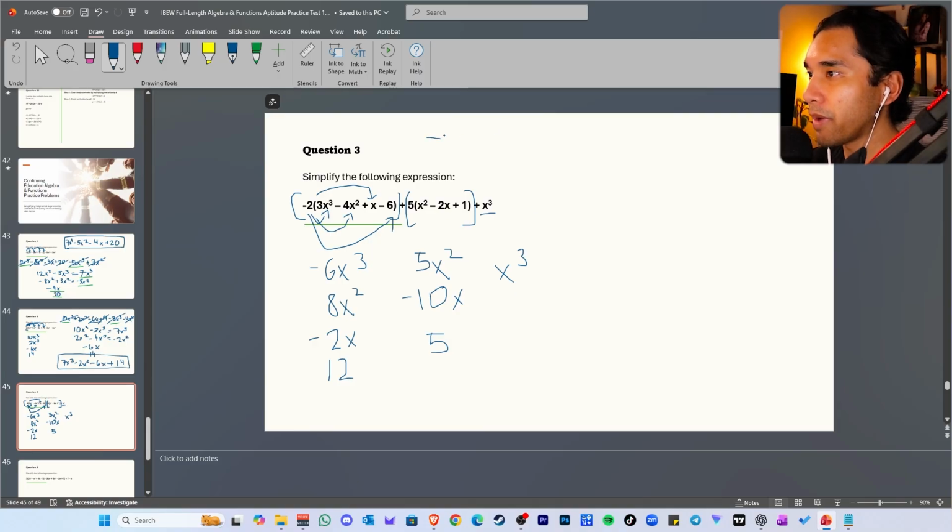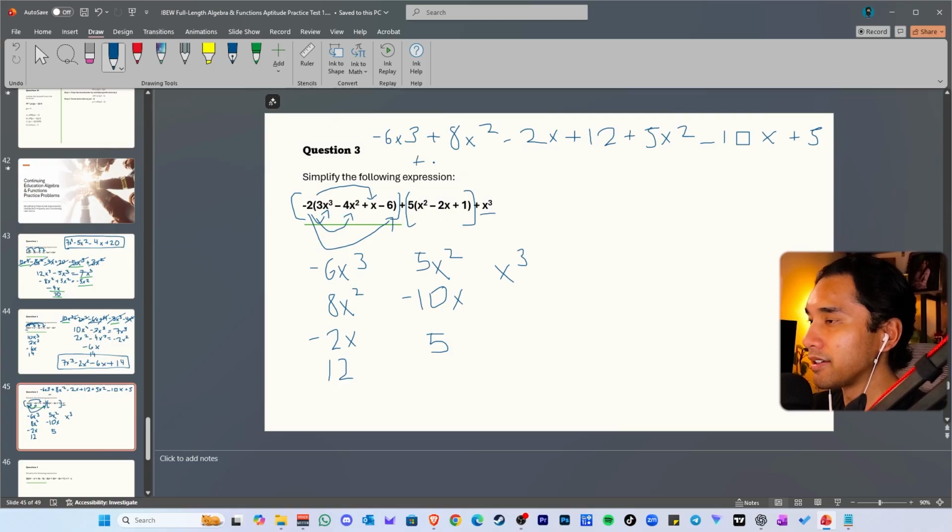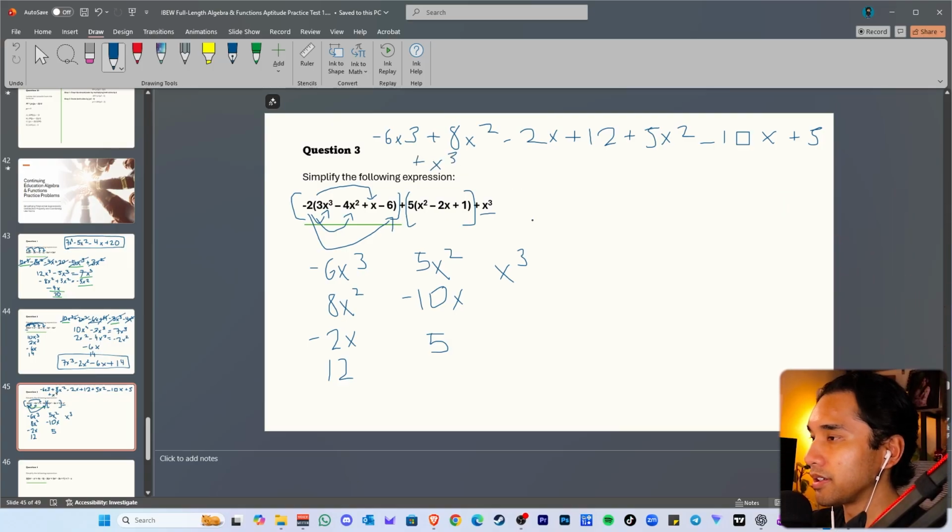So we just go minus 6x cubed plus 8x squared minus 2x plus 12 plus 5x squared minus 10x plus 5. And we can't forget this plus x cubed.